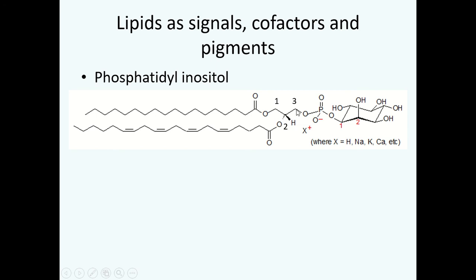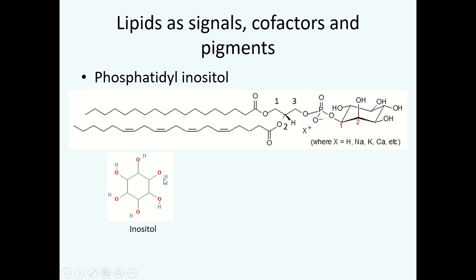And this is carbon number 3 of glycerol, which is linked to a phosphate group. This phosphate is in turn linked to inositol. Inositol is cyclohexane containing 6 hydroxyl groups on it. This is the structure of inositol shown here, a cyclohexane molecule containing 6 hydroxyl groups on it.